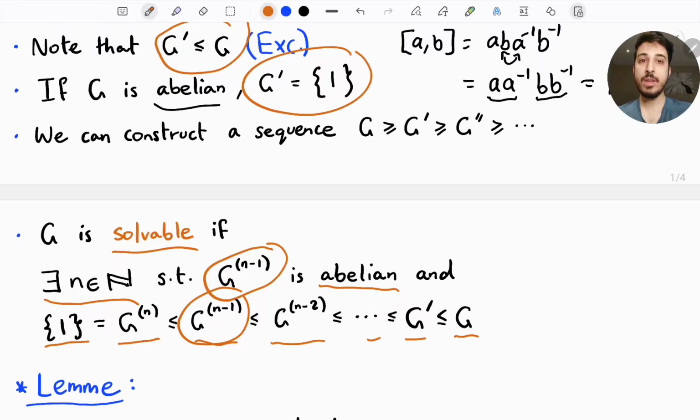So G is solvable if at one certain point we will arrive at an abelian group, which is G n minus 1, at which point if we take the commutator subgroup of that group, then we will get the identity. So we essentially win and get a solvable group if we arrive at the trivial subgroup of G. But if not, then G is not solvable.